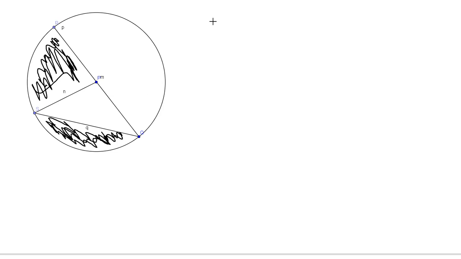Okay, how do we solve for the area of this circle sector? The area of a circle sector, I will just put sector, we did before.